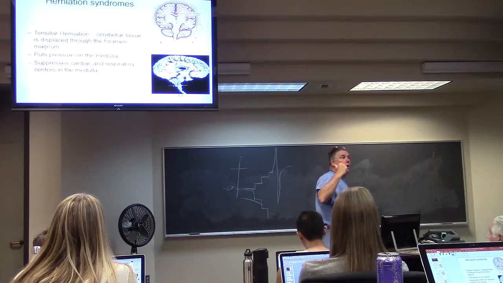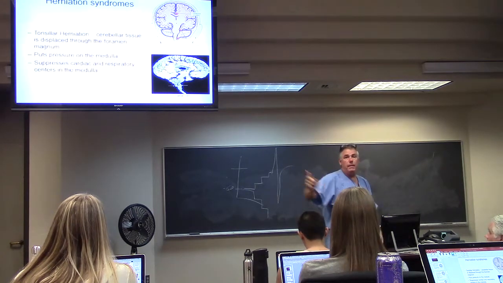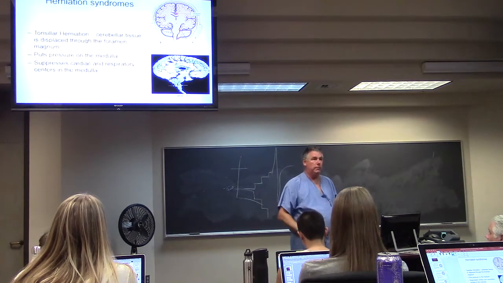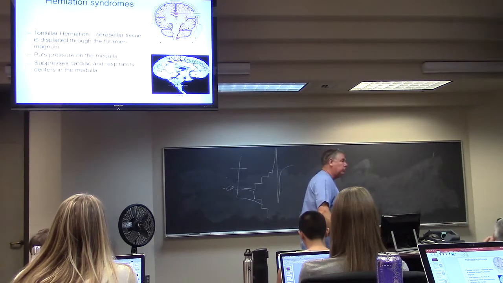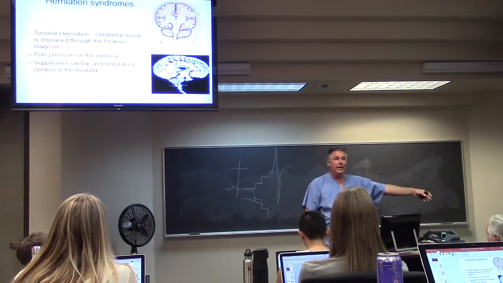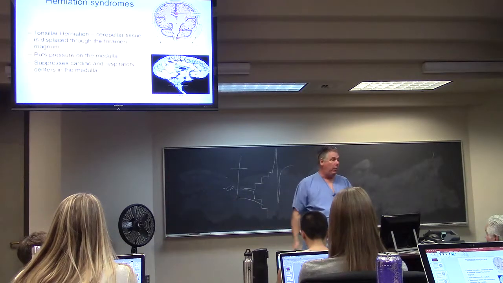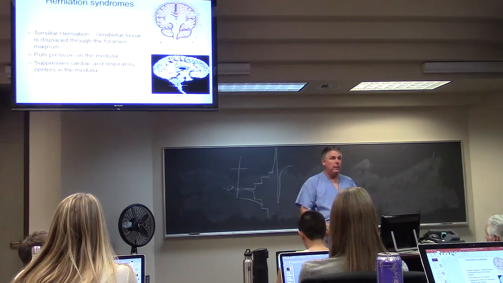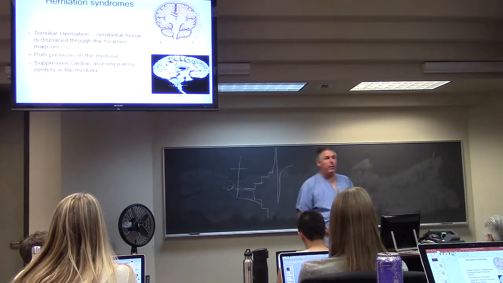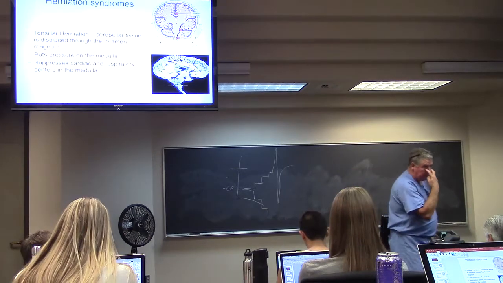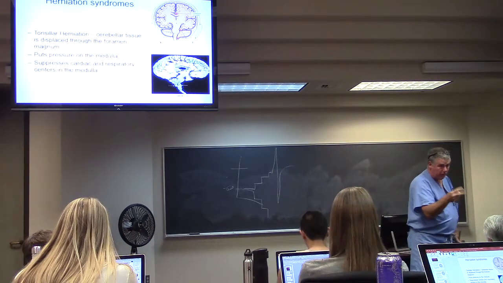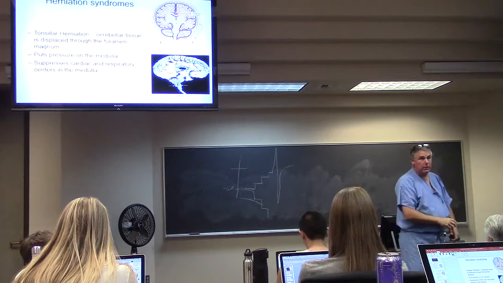Down, and you're going to herniate mostly the cerebellar tonsils. So you always want to get a CT of the head before you do an LP if you suspect increased intracranial pressure, by the papilledema that you've already looked at in their eyeballs, right?